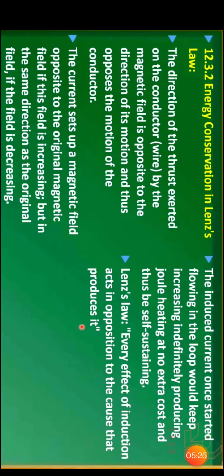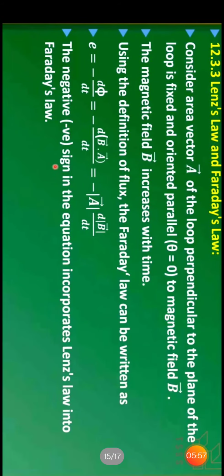The induced current, once started flowing in the loop, would keep increasing indefinitely, producing joule heating at no extra cost and thus be self-sustaining. Now Lenz's law states that every effect of induction acts in opposition to the cause that produces it.